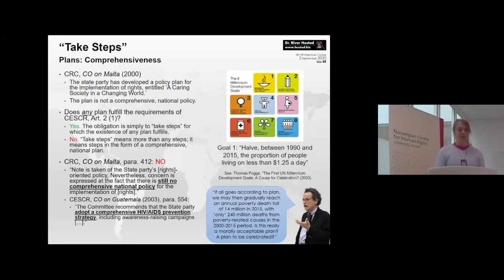And as Thomas Pogge said, if all goes according to plan, we may then gradually reach an annual poverty death toll of 14 million in 2015, with only 240 million deaths from poverty-related causes during this period. Is this a good plan? Is this a plan to be celebrated? The committee would say no, that was not a good plan. It was a start of a good plan, but it was not a comprehensive plan.